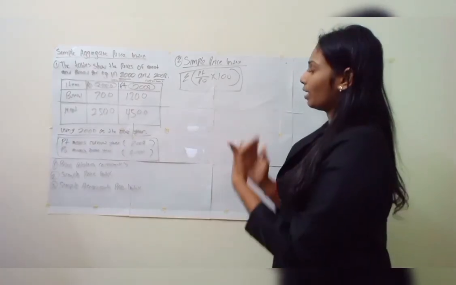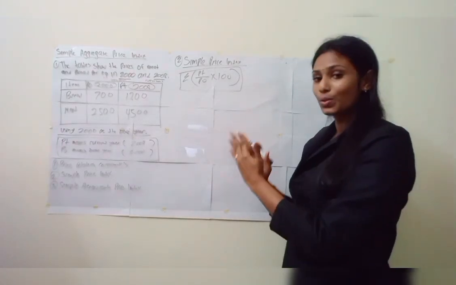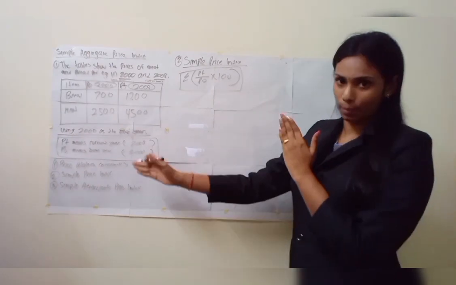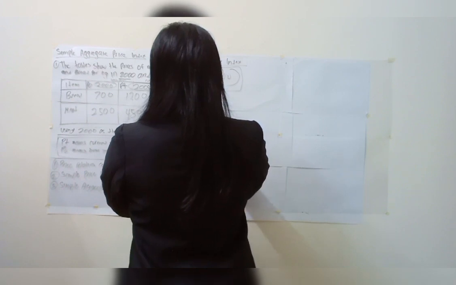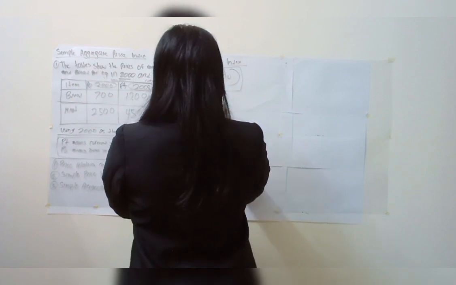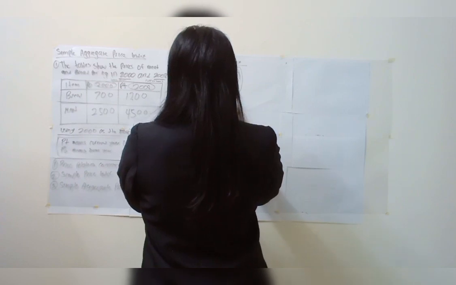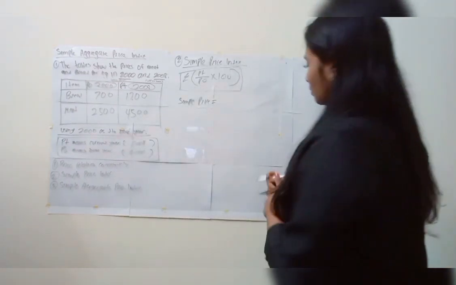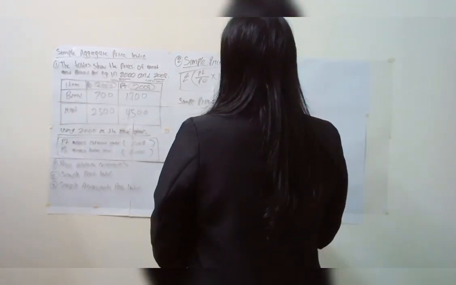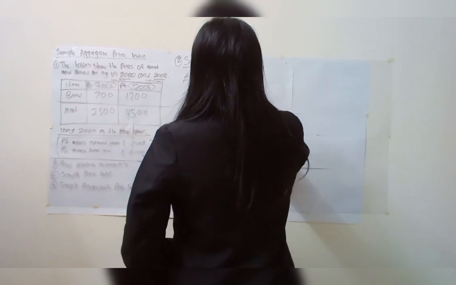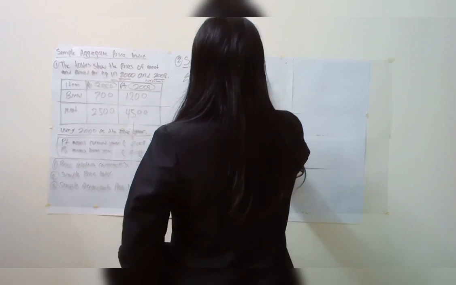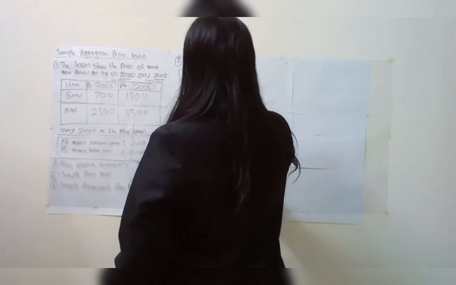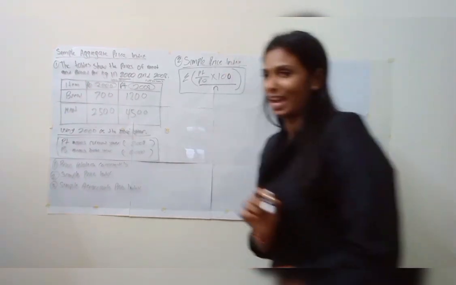Now we're going to use this formula to solve the second problem. Simple price index equals summation of the price relatives, times 100, divided by n, close bracket. So this is the formula for the simple price index.